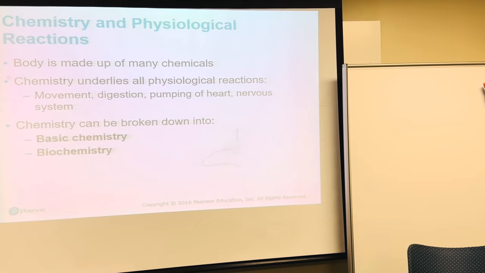Your elements, molecules, chemical reactions, chemical compounds, these are all just basic chemistry, okay? But when we say biochemistry, what do we mean by that? We are only talking about the chemicals that are happening inside your body, inside a living organism, right?